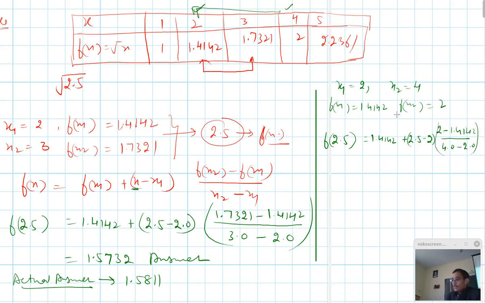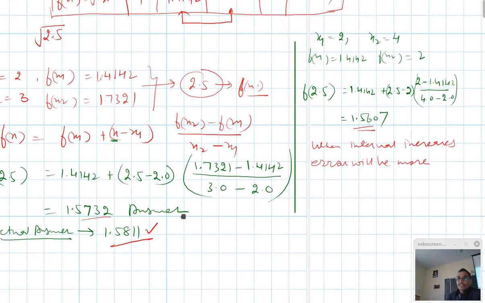If I put these values, the answer is 1.5607. This value is now farther from the actual value. So when the interval increases, the error will be more.